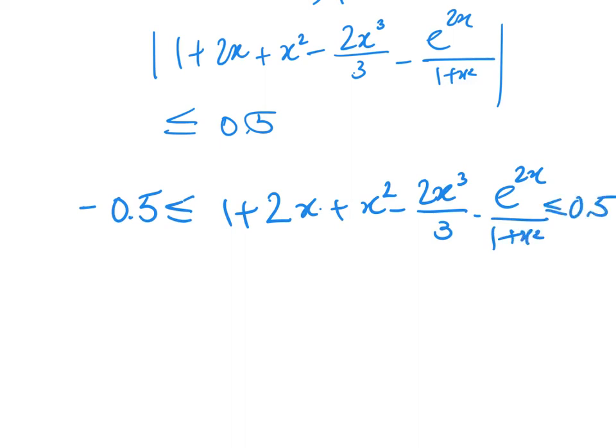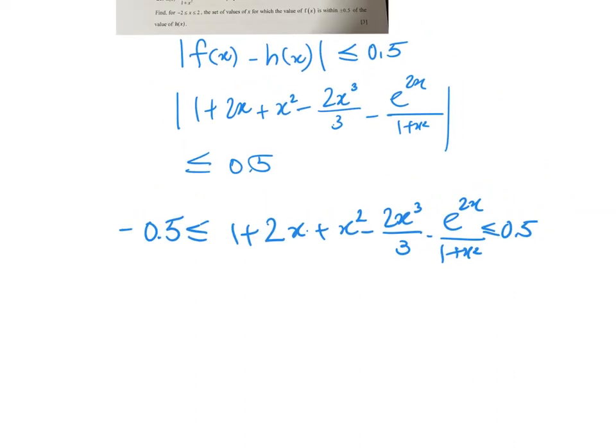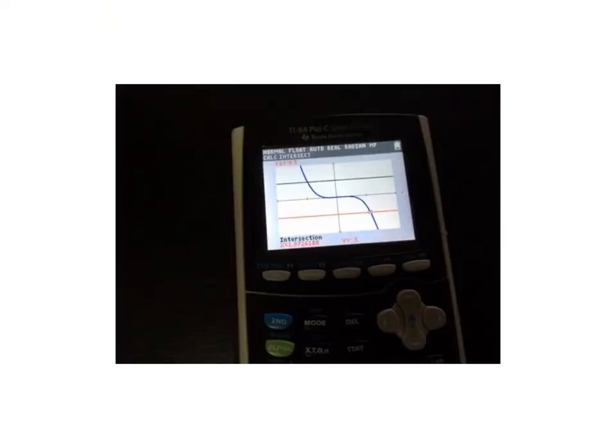Okay, now how do you proceed further? You will actually proceed by solving this inequality using the GC. Now, from that little GC demonstration earlier, how do we proceed to solve the inequality?